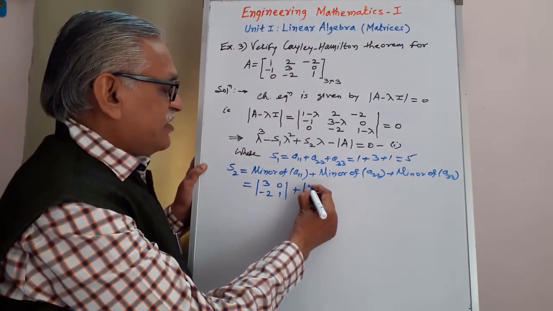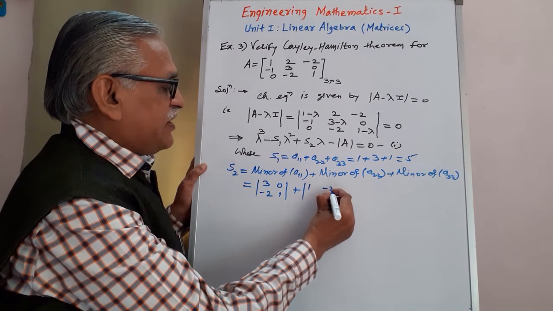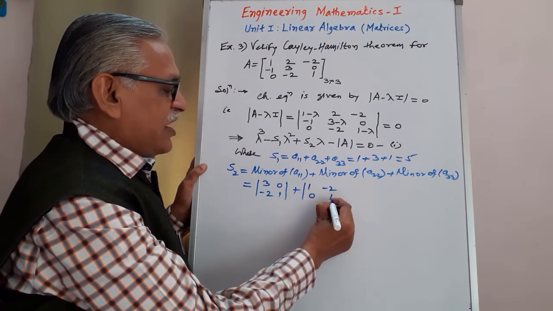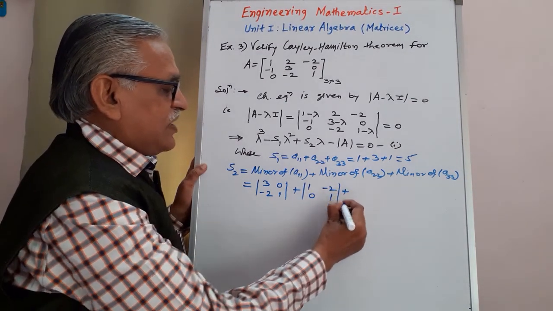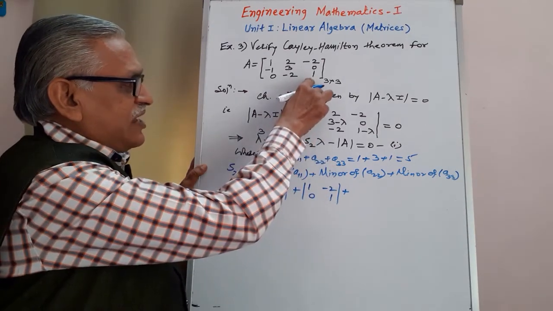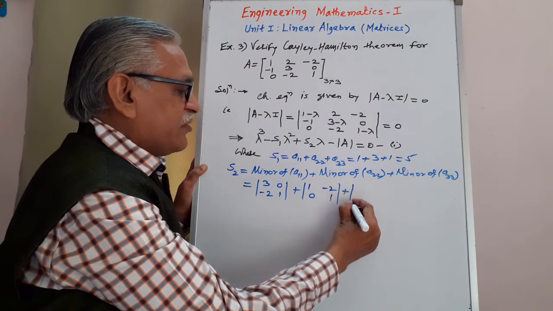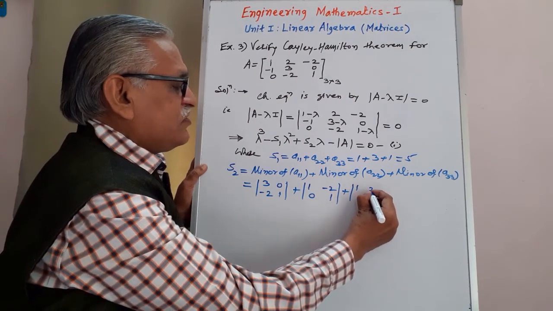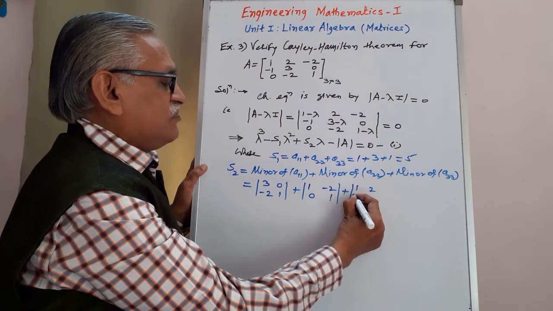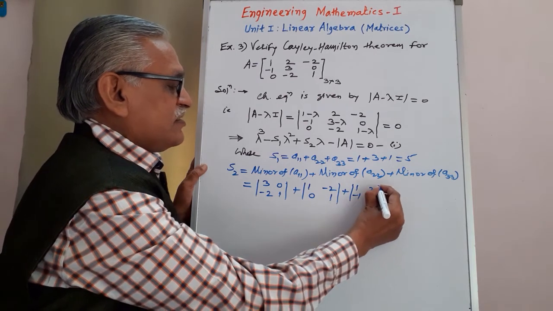The remaining elements are 1, minus 2, 0 and 1, plus minor for the last diagonal, neglecting this row and this column, determinant of 1, 2, minus 1 and 3.